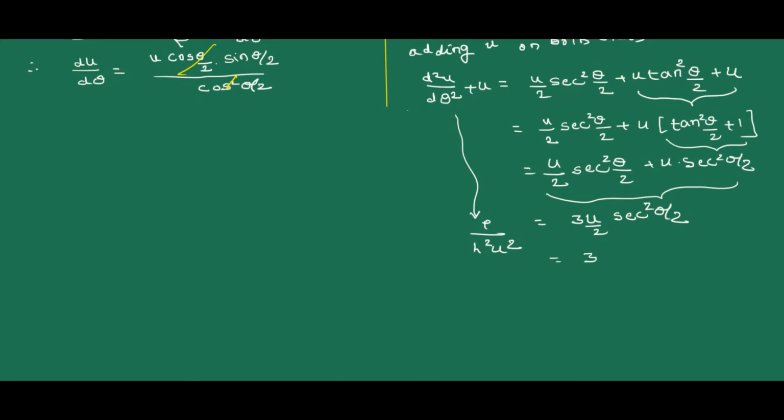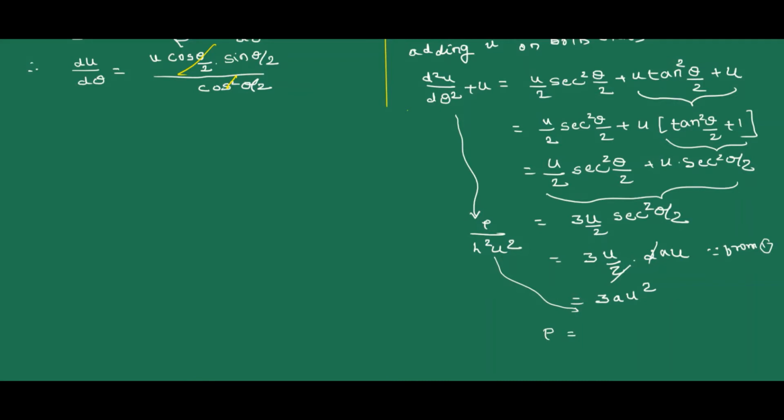So this is 3u divided by 2 into 2au, where this 2 and 2 get cancelled. So if you simplify, you will get 3au square. Transpose this h square u square to the left hand side.